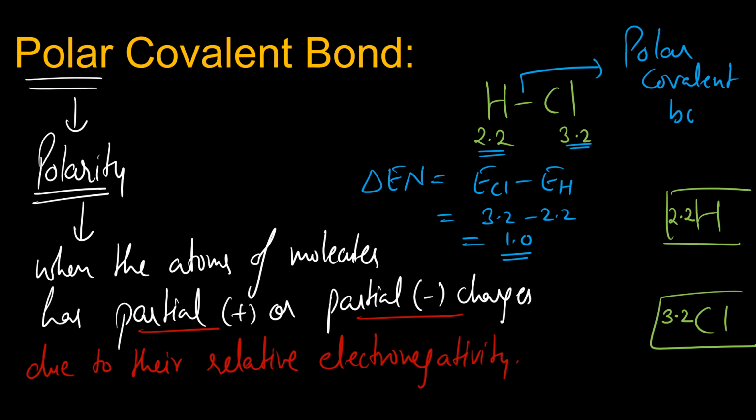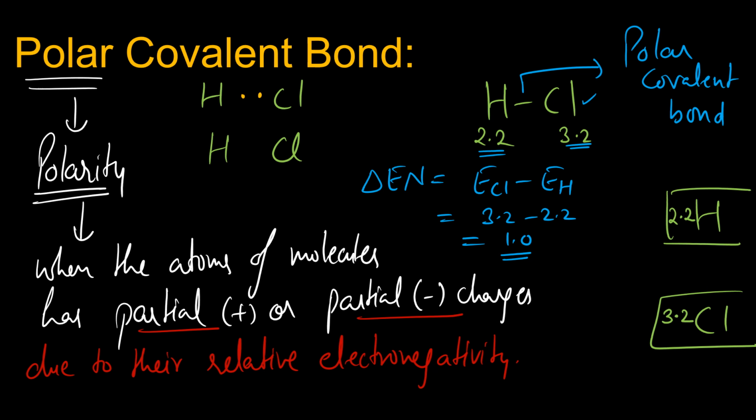Now let's see how it comes. Hydrogen and chlorine both share a pair between these two atoms. Previously this pair lies in the middle of both the atoms, but due to the higher electronegativity of chlorine, this pair will get shifted towards chlorine like this.